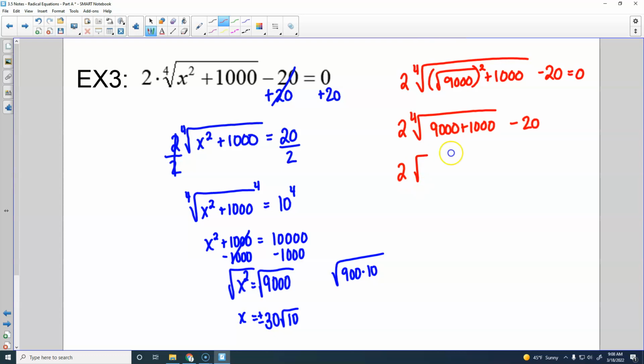And so the 4th root of 10,000, which is 10, and 20 minus 20 does equal 0, so you know that that works.